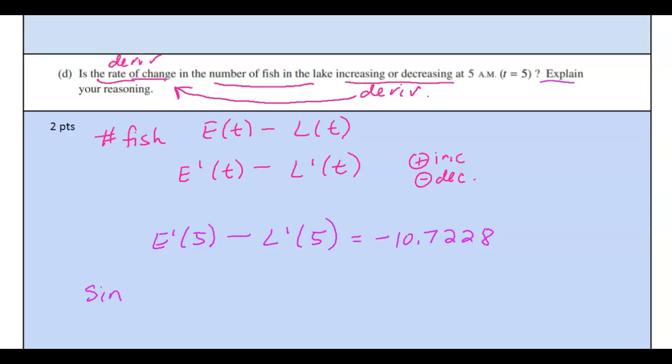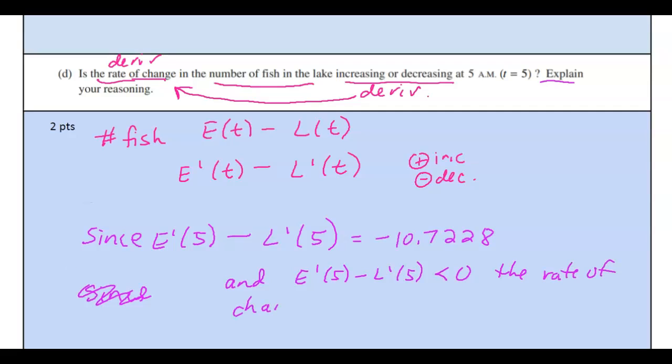So since E prime of 5 minus L prime of 5 equals negative 10.7228, the rate of change of the number of fish is decreasing at t equals 5.